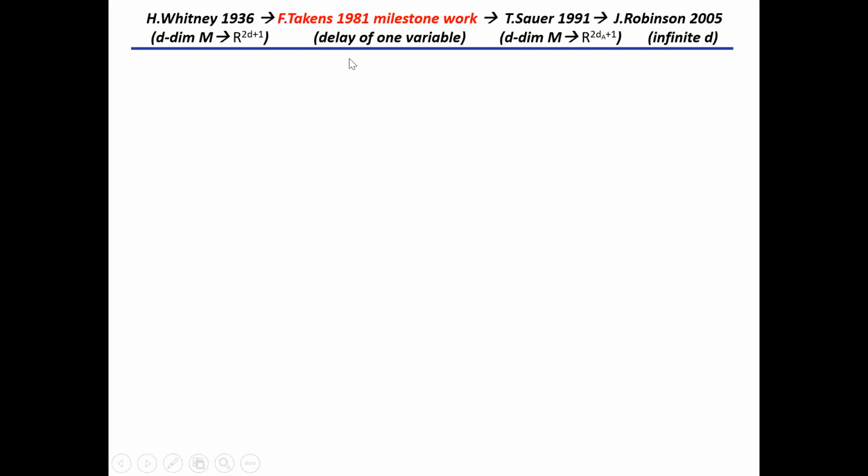Until 1981, Takens, in his milestone work, showed that using only one variable he can reconstruct this manifold, further represented by the 2d+1 Euclidean space. That we consider a milestone work. After that, many people worked on this area for data analysis, I mean time series data analysis.